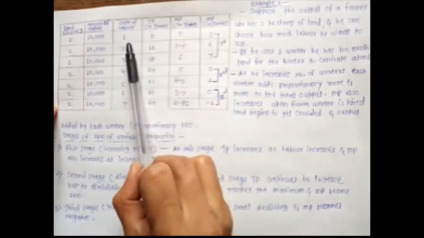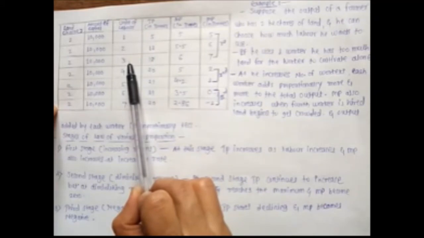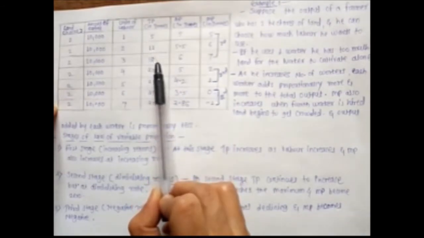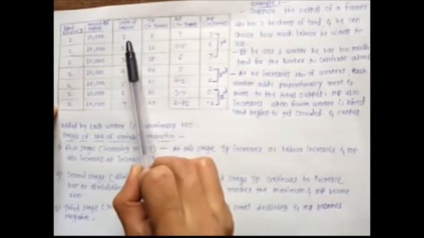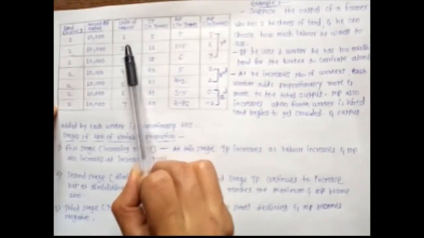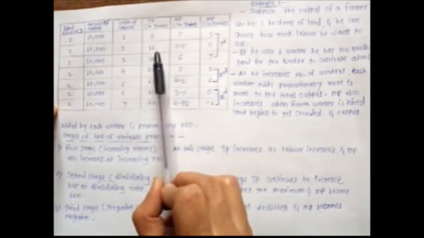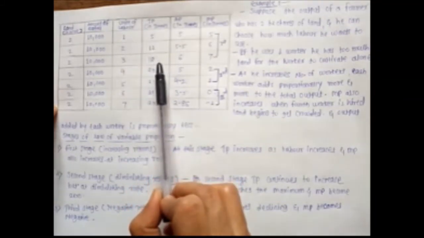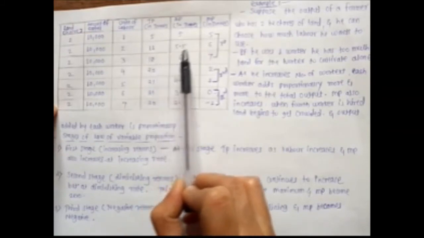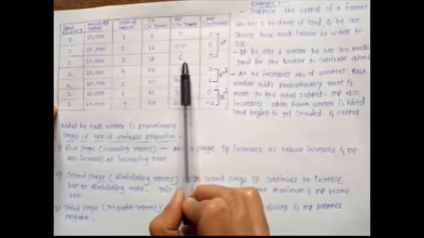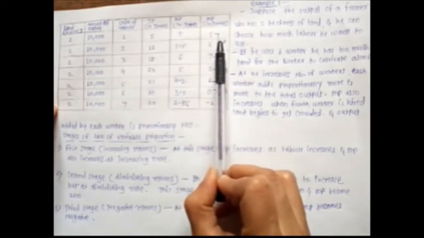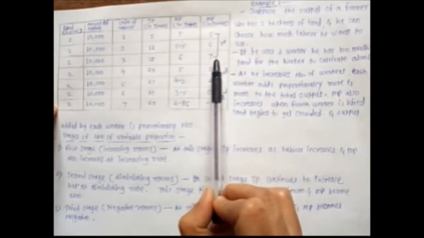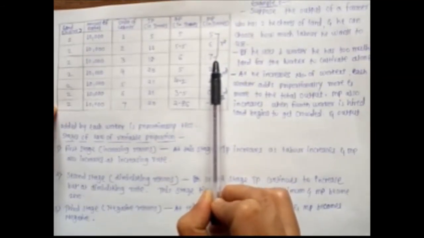If we increase the number of labor, then total product increases at an increasing rate. Average product also increases and marginal product also increases, maybe becoming 7 tons.